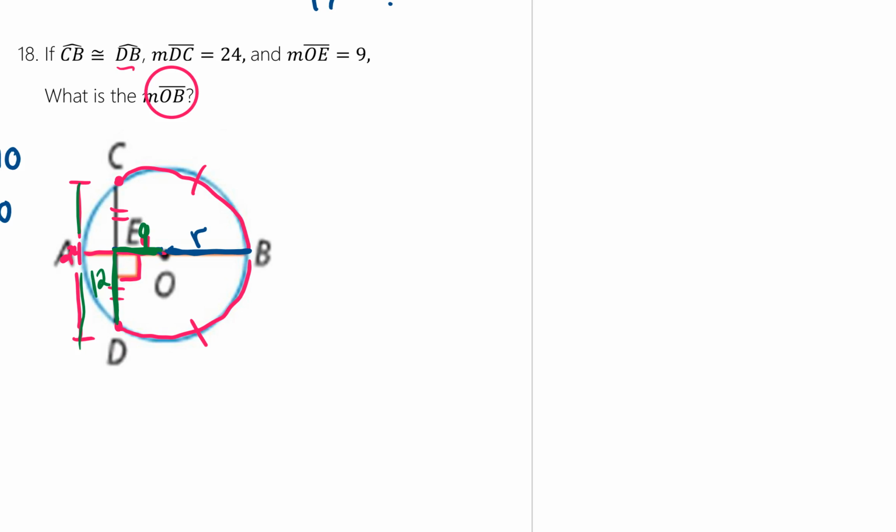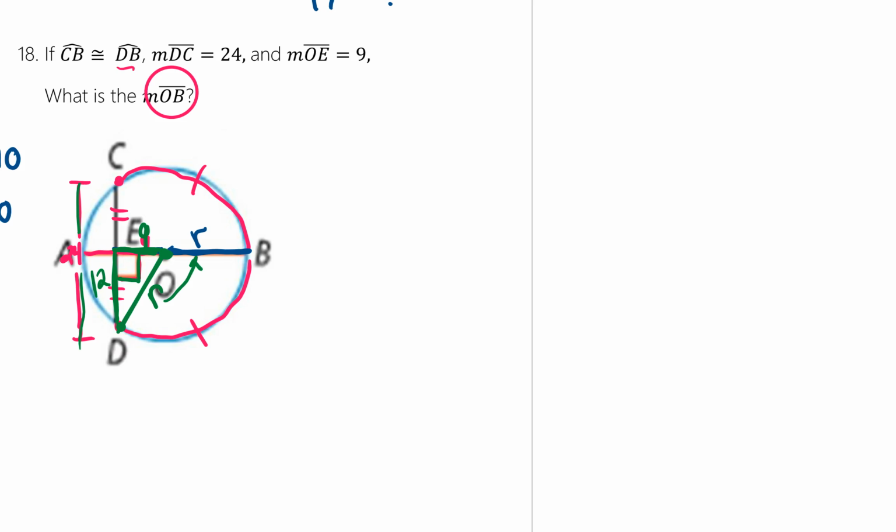We notice we're getting the start of a right triangle. We just need this piece to finish out that right triangle. That piece is a radius because it's from the center to a point on the circle, so it must be equal to that radius.